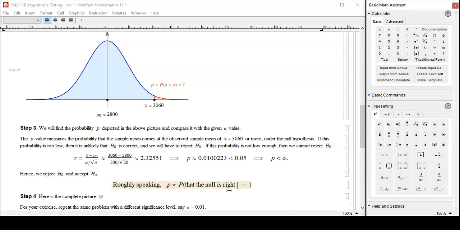Roughly speaking, P goes hand in hand with the probability that the null is right.